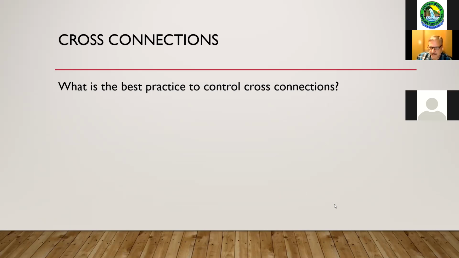Air gaps, backflow preventions, labeling. Those are all really good answers to help with the system. You're exactly right, those would all be part of a cross-connection control program.